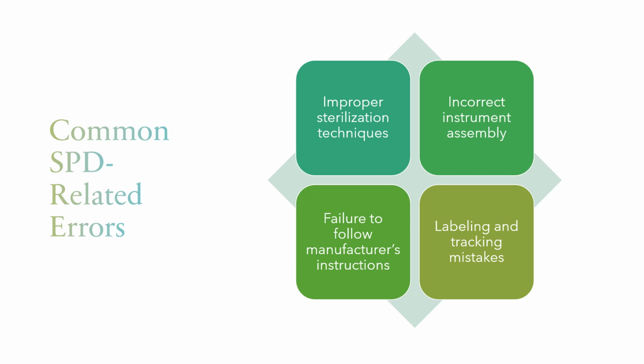We also have labeling and tracking mistakes. Again, everything we do is documented. If we improperly label or track a specific set and there is an issue with sterilization, that information is not relayed to the operating room staff, that is a potential for a medical error.